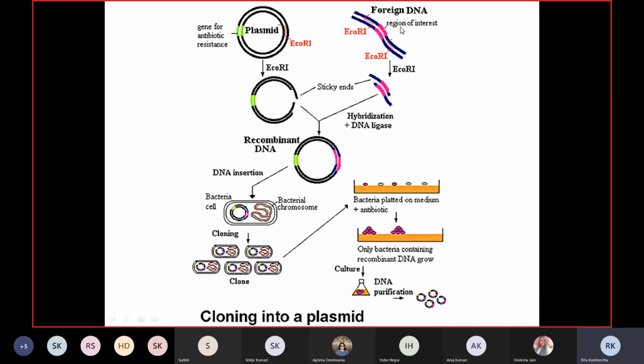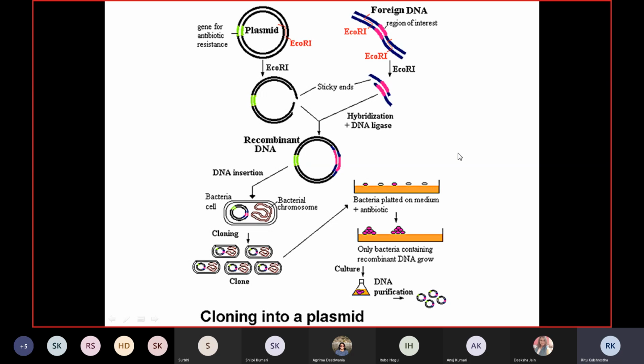So you have to find a way to introduce your foreign DNA into plasmid DNA, and with the molecular biology tools which I've told you about in the past 2-3 classes, you can cut your plasmid with a restriction enzyme, cut your foreign DNA with a restriction enzyme, and then ligate these two together with the help of a DNA ligase.